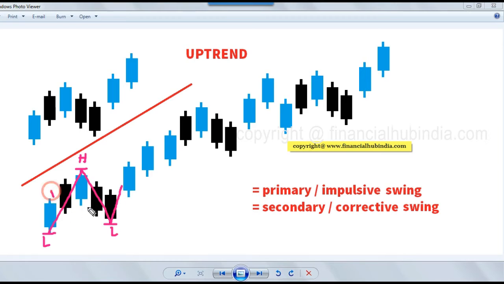Now swing 3 is starting from this point. Swing 3 goes up and breaks what? Swing 2's high, and goes up to here, right?